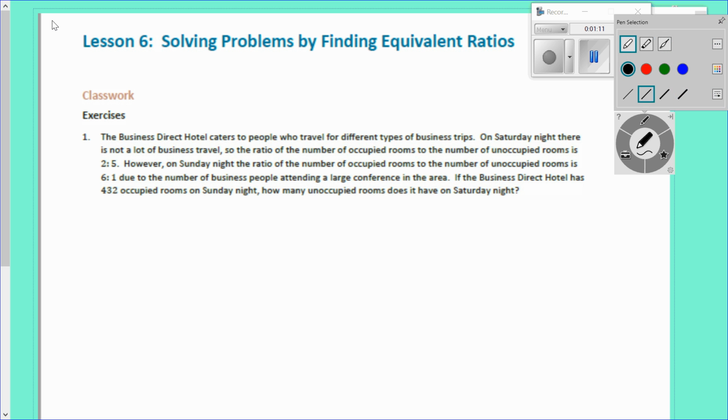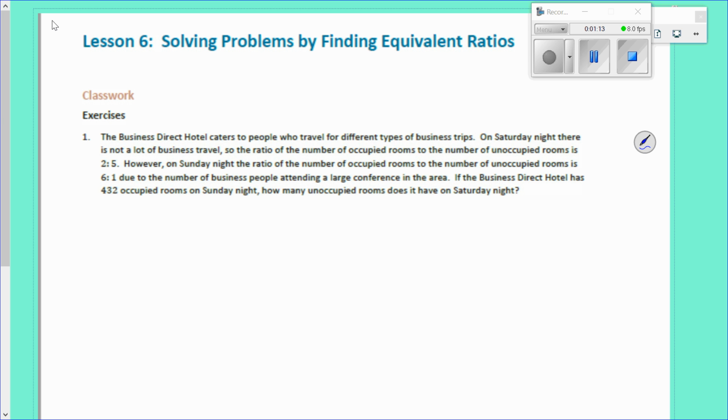So we'll start off just by reading this one, and please mark your text as I'm going along. The Business Direct Hotel caters to people who travel for different types of business trips. On Saturday night, there is not a lot of business travel, so the ratio of the number of occupied rooms to the number of unoccupied rooms is 2 to 5.